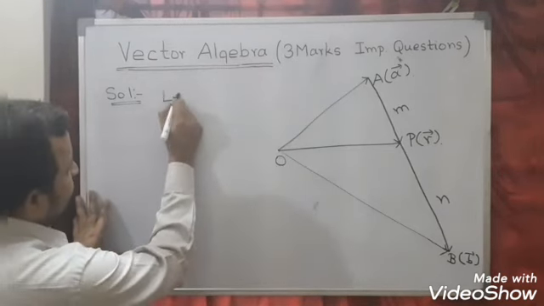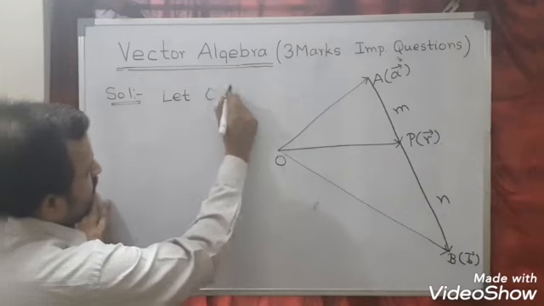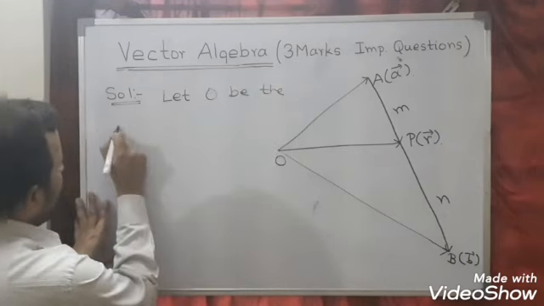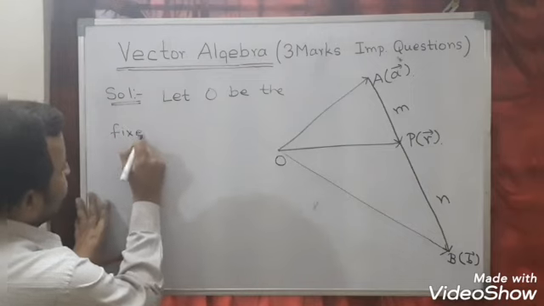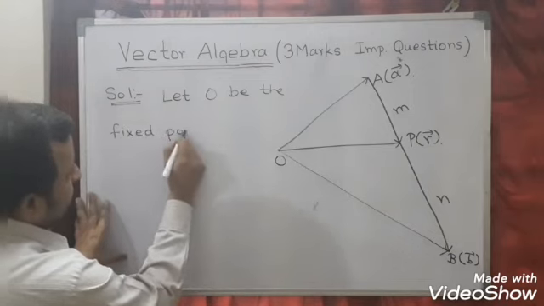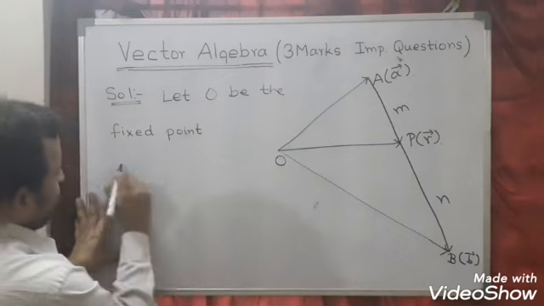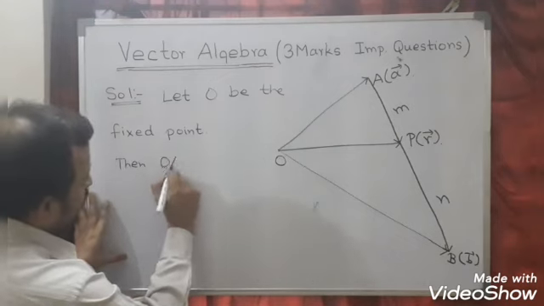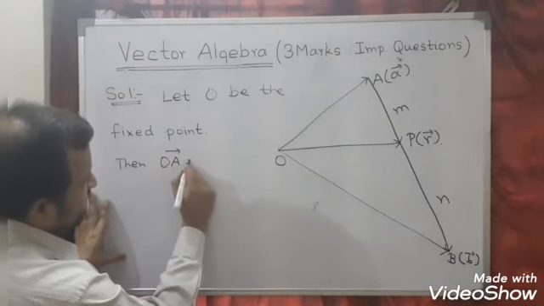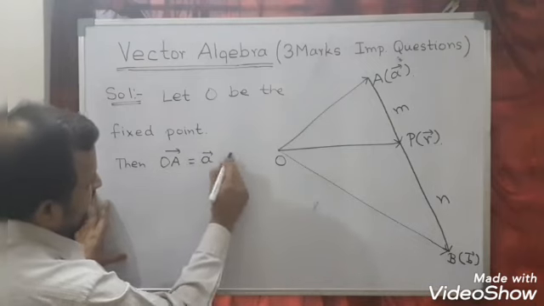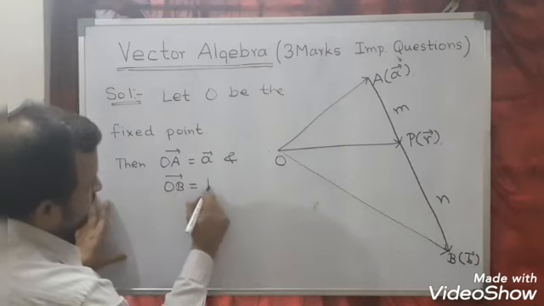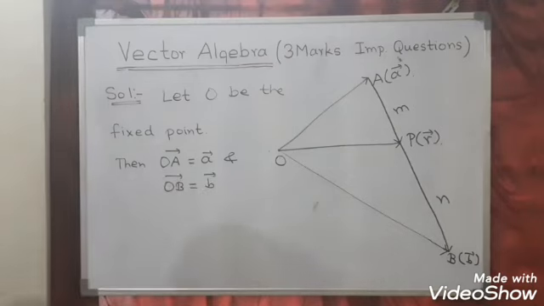Let O be the fixed point. Then what is OA? OA is nothing but vector a, and OB is equal to vector b. Right?